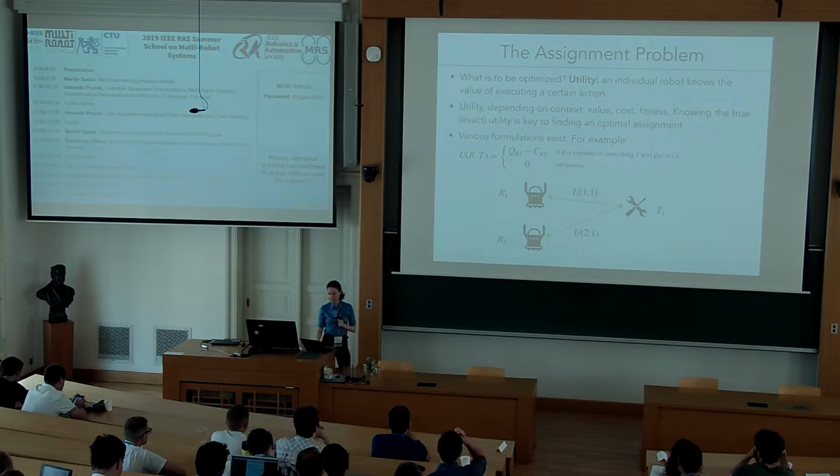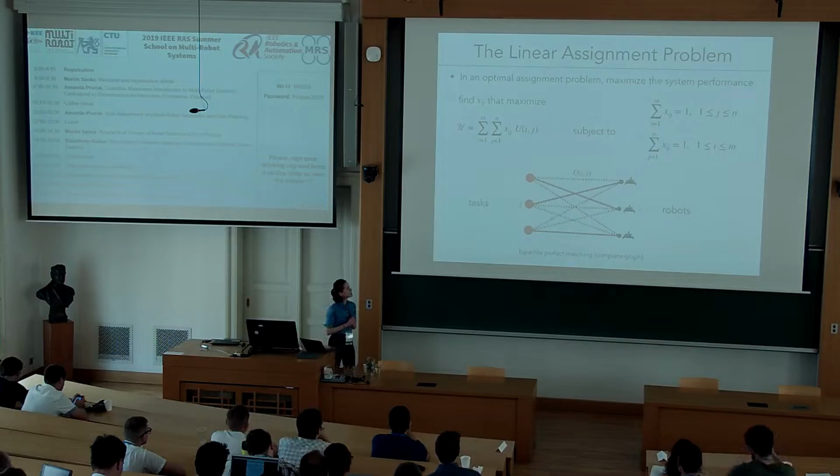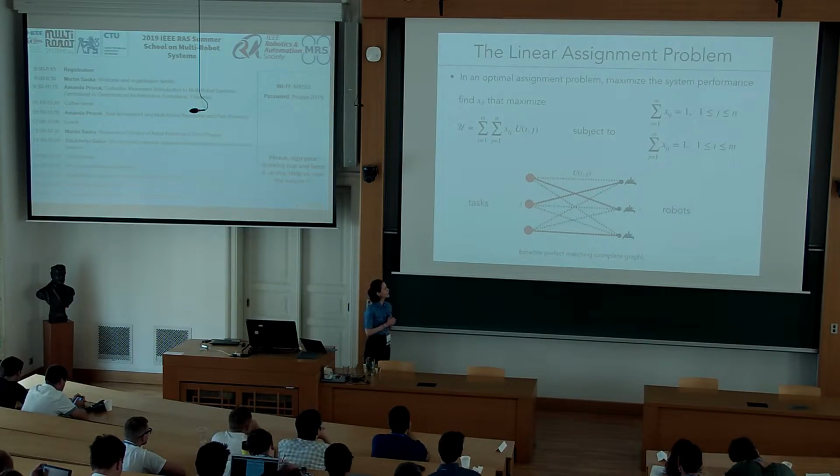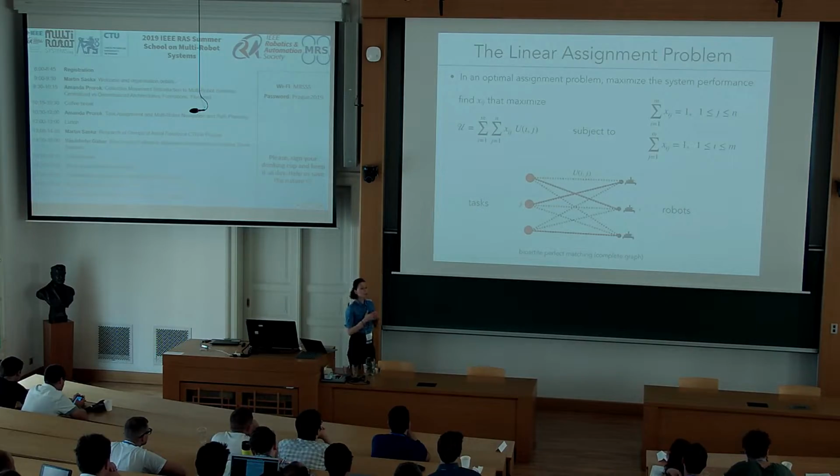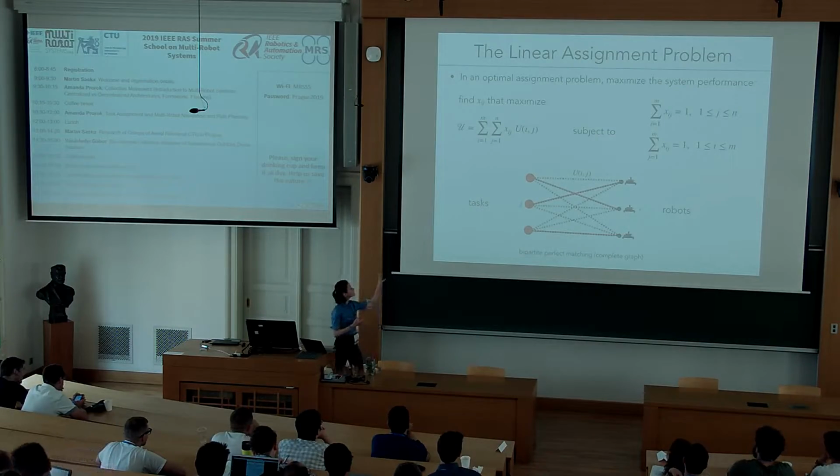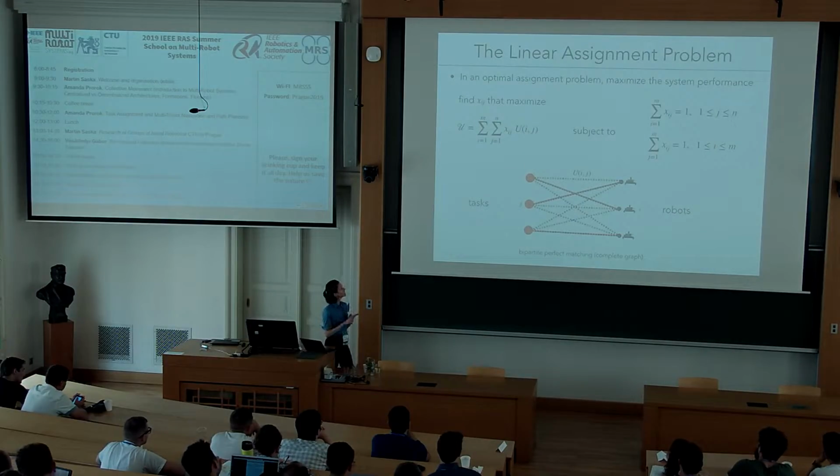Then we can take this a step further and say that we want to, for example, maximize the performance of our robot system, where we define one utility metric, which is this equation here, a sum over all robots and a sum over all tasks.